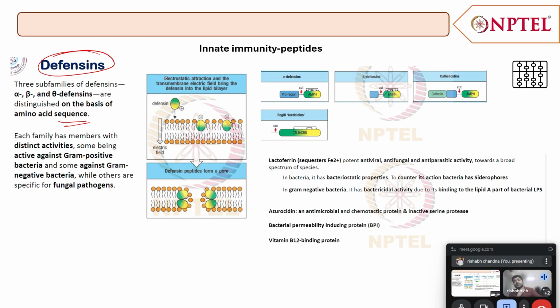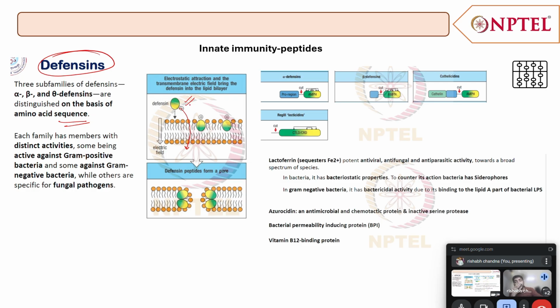Defensins are charged molecules that are positively charged. Because of this nature, they can easily cross the membrane, and they can create pores in the membrane.